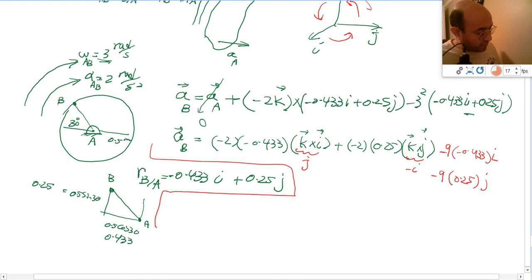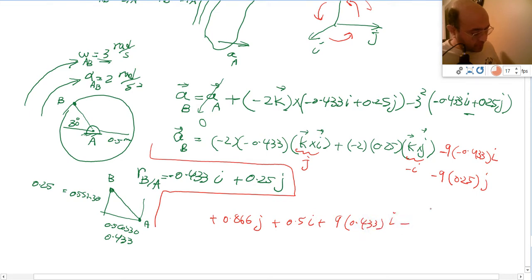Now we have minus 2, minus times minus will be positive, so I'm going to get plus 0.866 J. Next one, minus 2 times 0.25, and then you have minus I there, right? So the answer is going to be plus 0.5 I. 9 times 0.334, I'm just going to leave it the way it is.